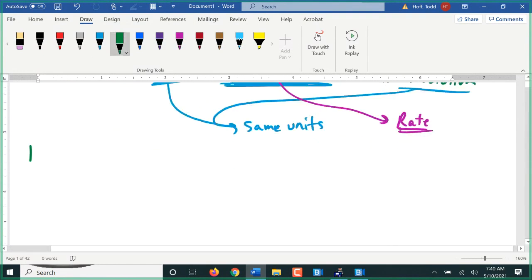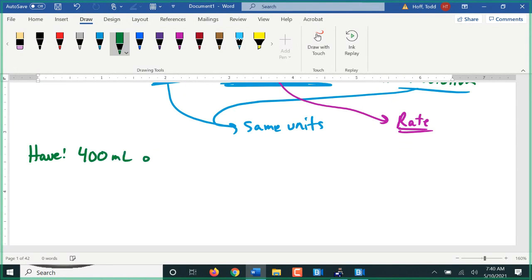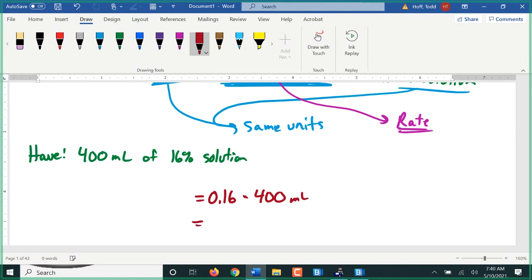So if we have 400 milliliters, 16% solution. The amount of solute, or that active ingredient we have, 0.16 for 16% times 400 milliliters.